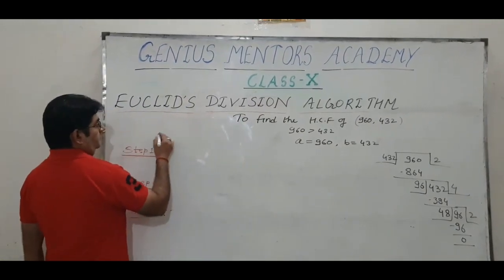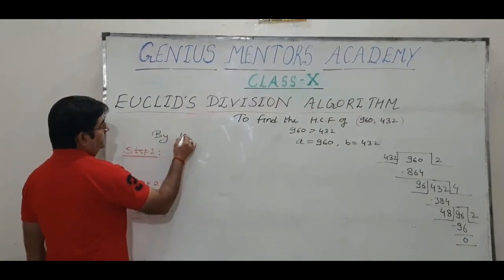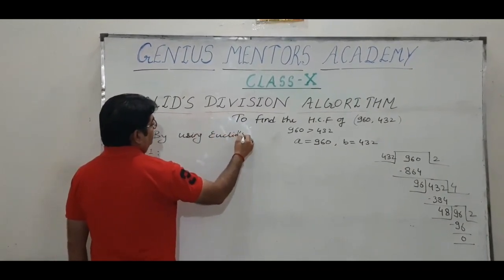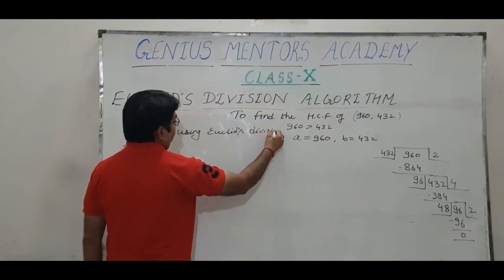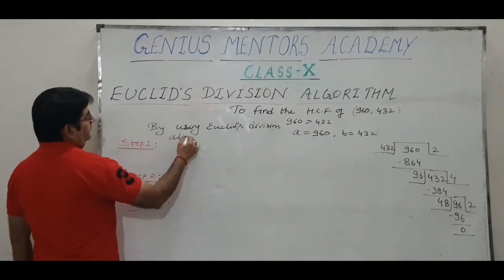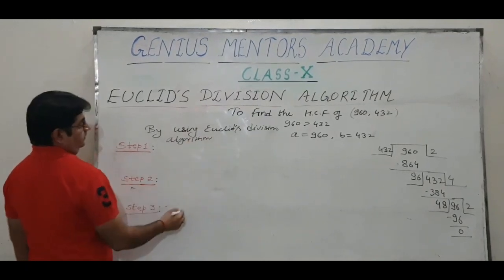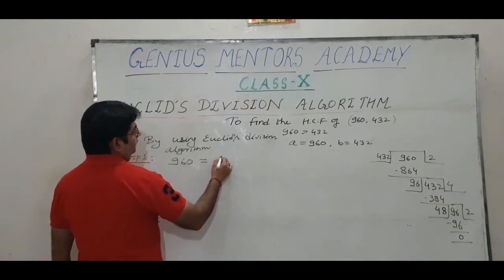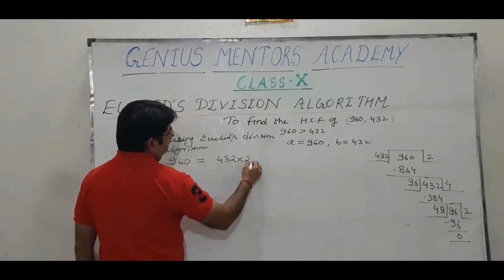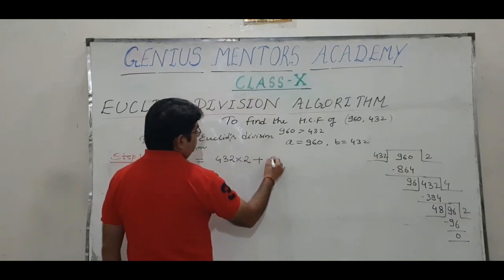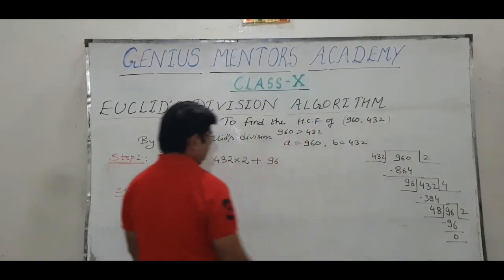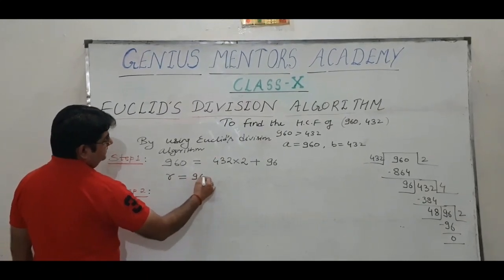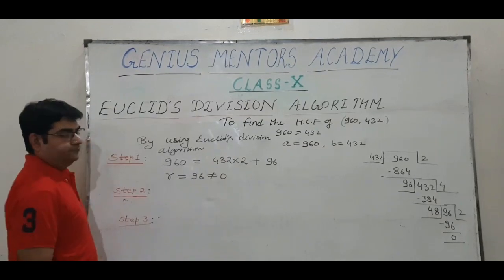So by using Euclid's division algorithm, in the first step 960 equals 432 multiplied by 2 plus remainder 96. Here remainder 96 is not equal to 0.